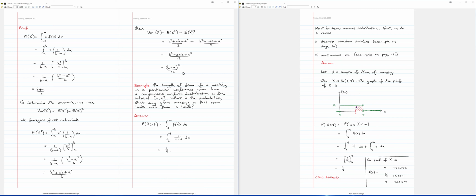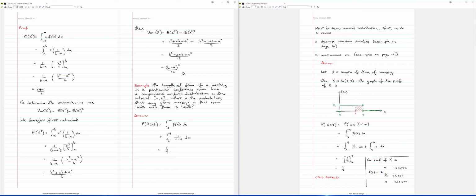The fact that the PDF is flat like this means that you're equally likely to take any value between 0 and 4. The fact that it's 0 on this side and 0 on this side means that the length of the meeting is not going to be less than 0, and it's not going to be larger than 4.